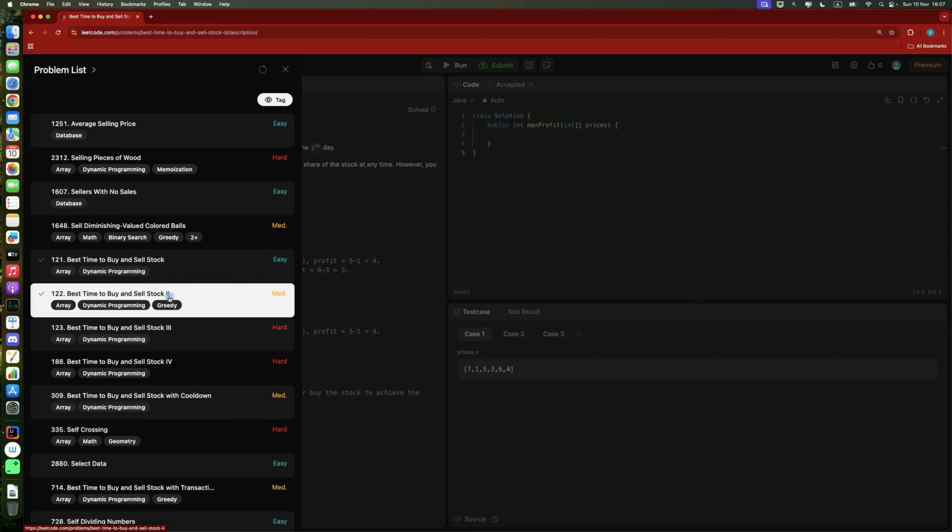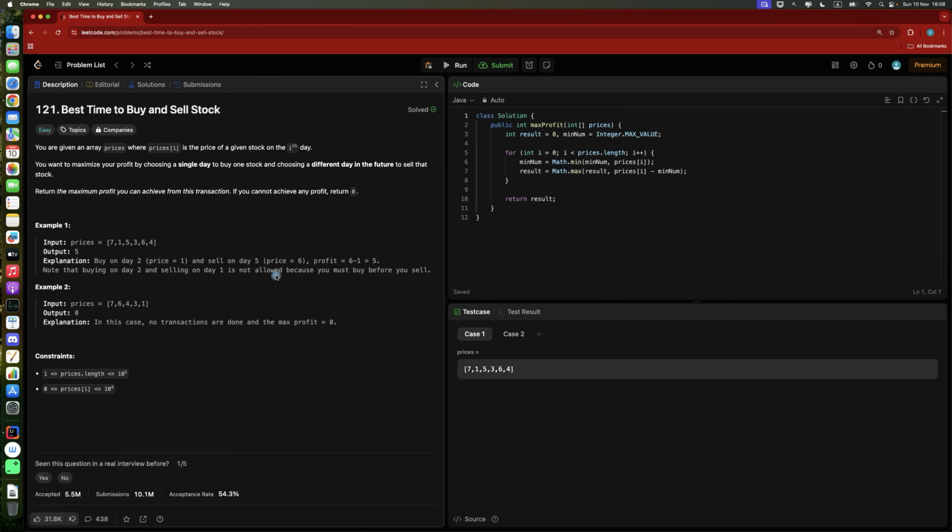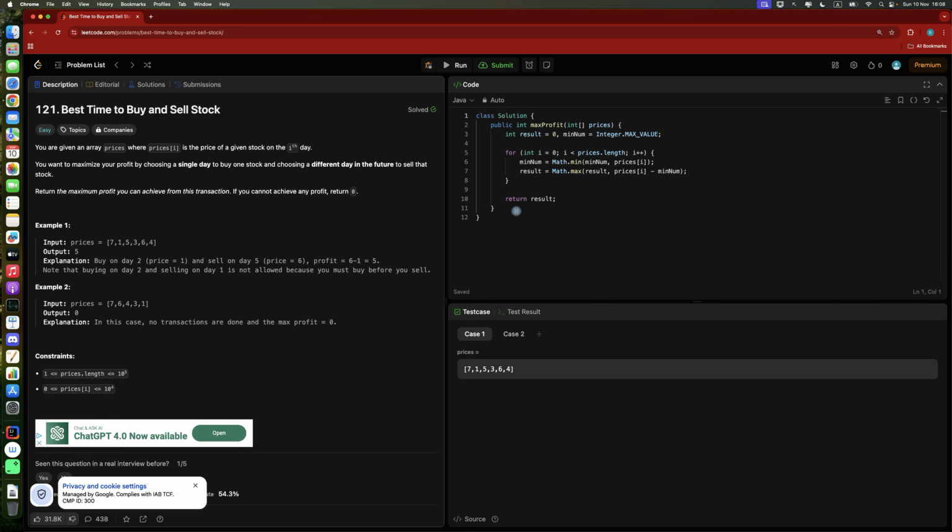By the way, you can mistake it and start solving it with sliding window or something like this, but it is not a sliding window problem. Here I give you the result instantly because it is very easy. Here is the same problem, but we have to do only one buy and one sell. It is a lot easier.